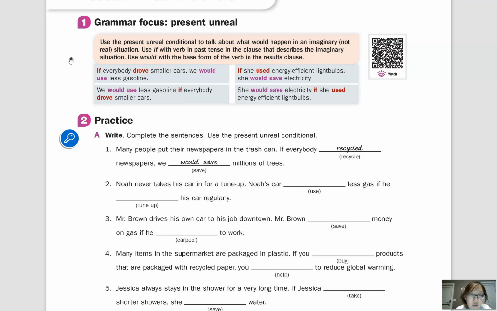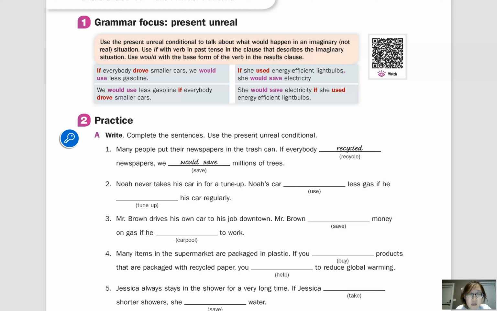Now, when you use a be verb, we always use the form were. So for example, if I were an animal, I would be a tiger. Again, if I were an animal, I would be a tiger.